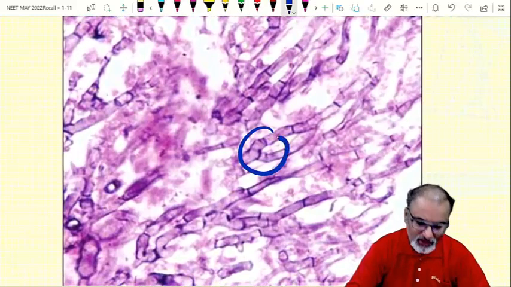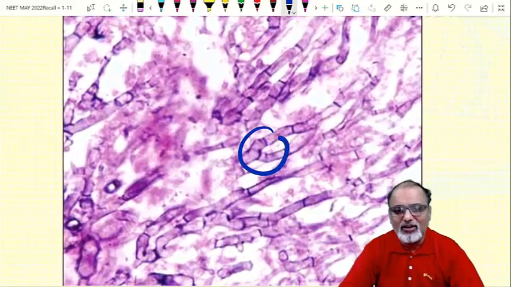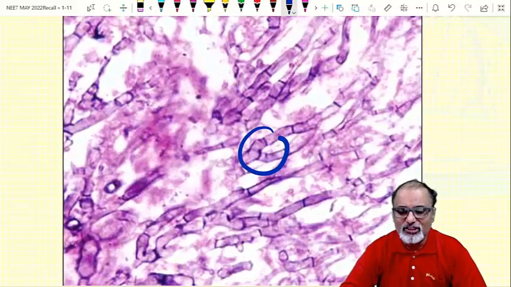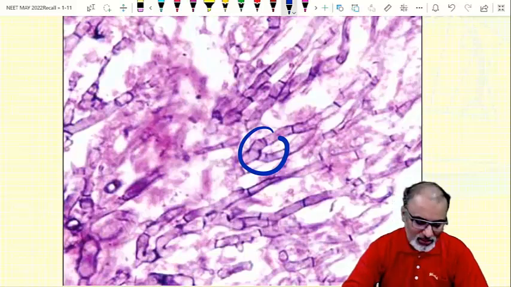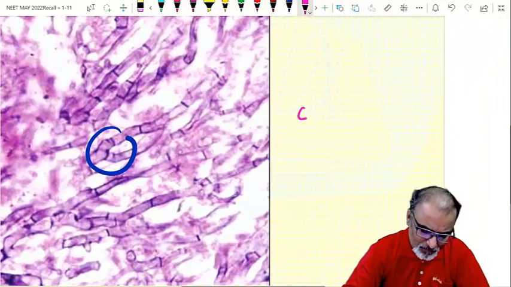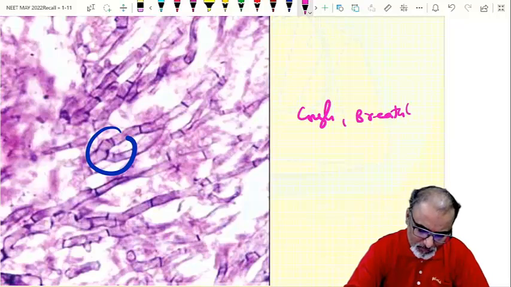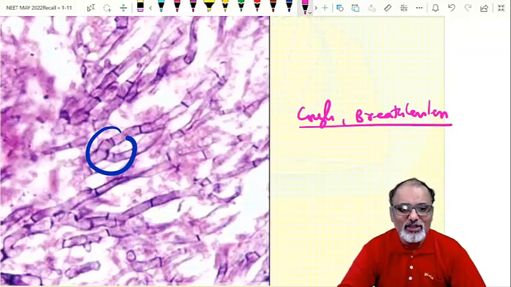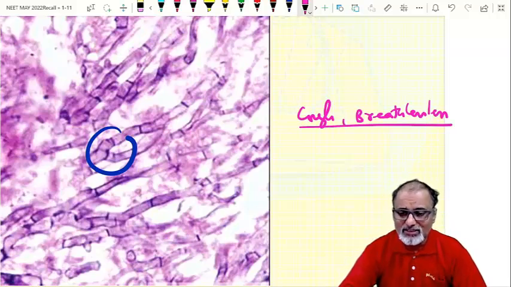Septate hyphae with V-shaped, dichotomous, acute angle or 45-degree angle branching. What are the features? It causes cough and breathlessness. In immunocompromised patients, or with neutropenia or any hematological malignancy, it can be more supportive.